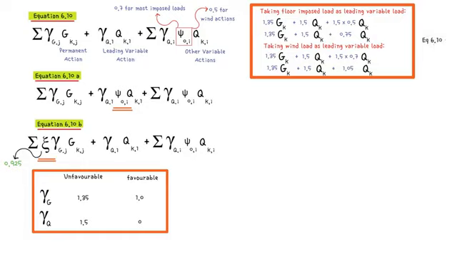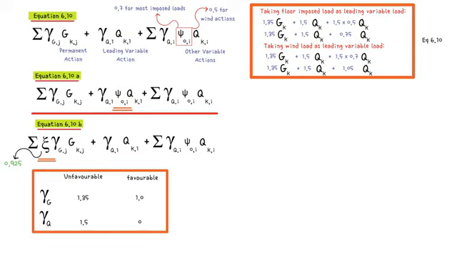If we want to use the second option, we have to check both equations 6.10a and 6.10b. Here's equation 6.10a. Again, we have partial factor gamma G for permanent action, that's 1.35. And here, both the leading and other variable loads are multiplied by psi naught and gamma Q factors.